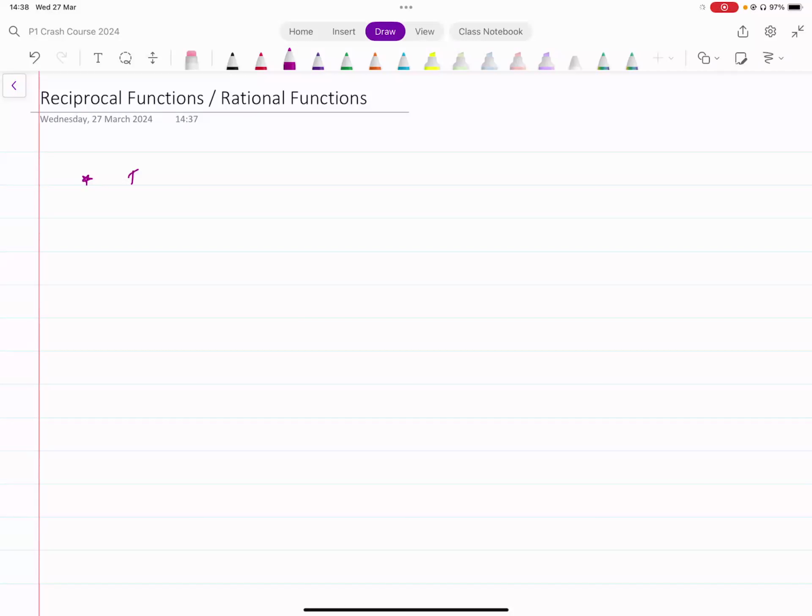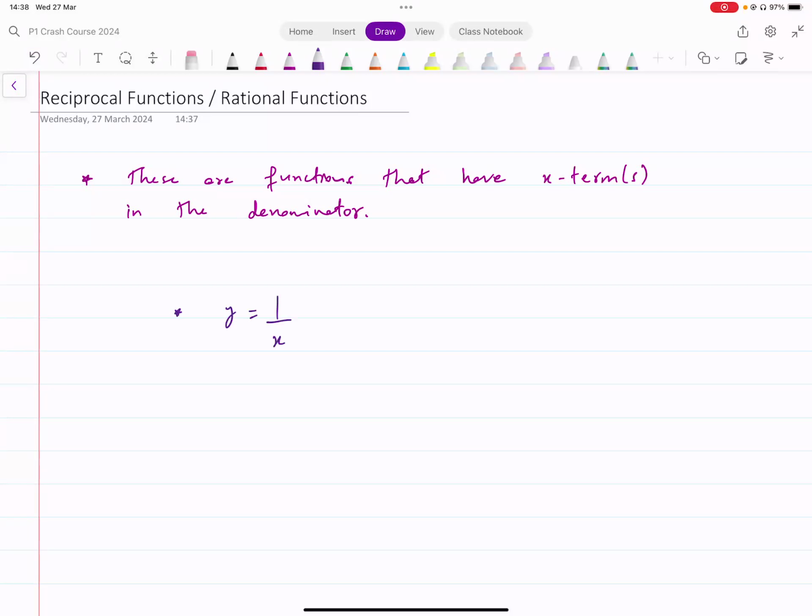These are functions that have x terms in the denominator. Now, for example, you could have something like this: y equals 1 over x. All right, this is one possible reciprocal function, y equals 1 over x.